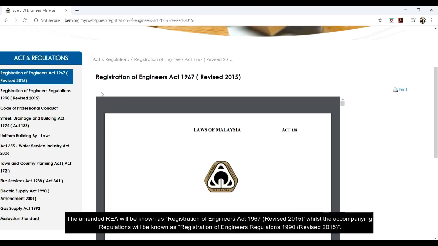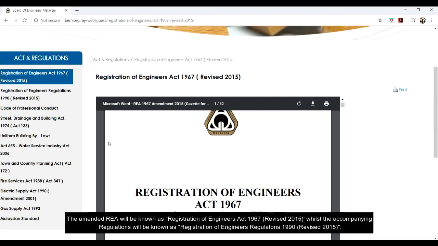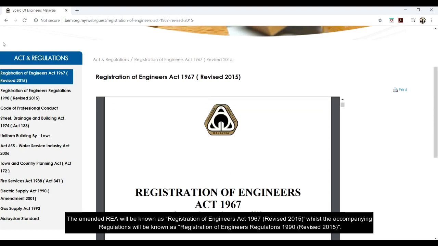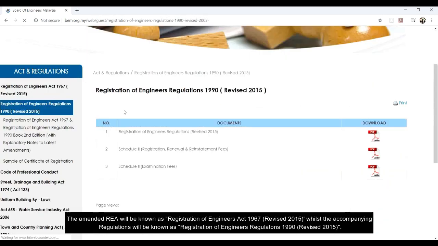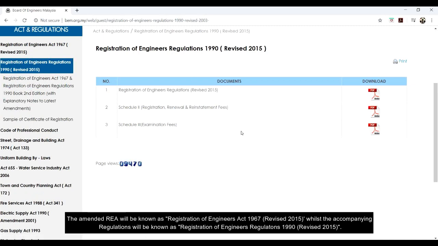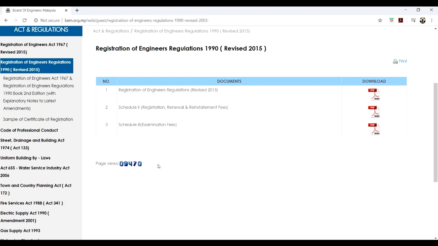The amended REA will be known as the Registration of Engineers Act 1967, revised in 2015, whilst the accompanying regulation will be known as the Registration of Engineers Regulations 1990, also revised in 2015.